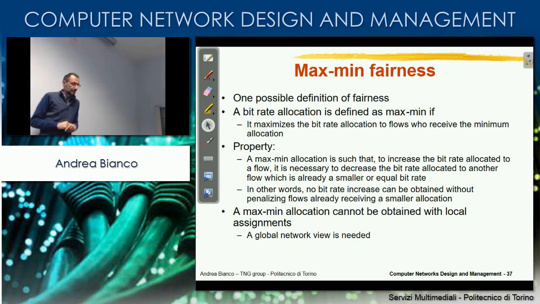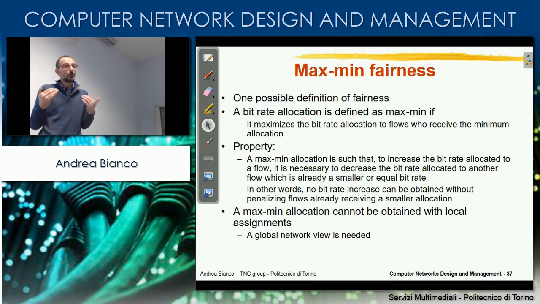Now, this type of definition has one property that we can describe in two ways. If you have a max-min fair allocation, and you want to change this rate assignment, the only way in which you can do that is, if you want to increase the rate of one flow, you have to decrease the bit rate that you have allocated to another flow, which is getting less than this one.